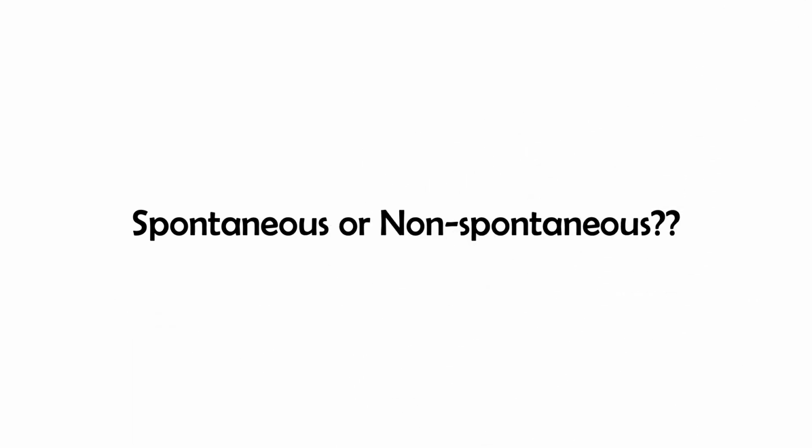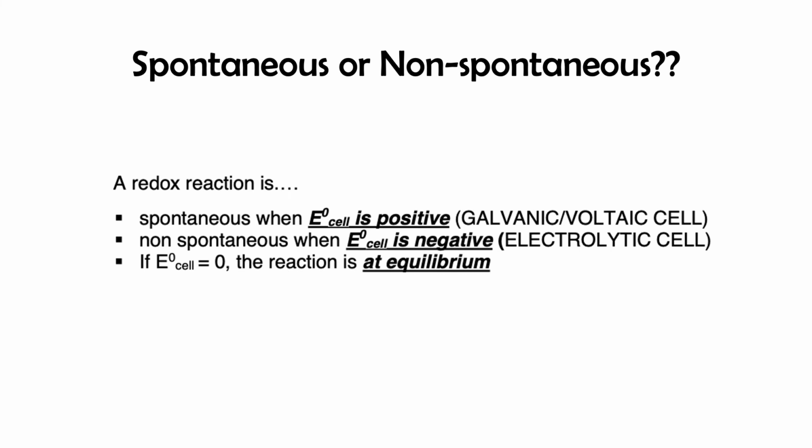Sometimes, the question will ask you whether the reaction is spontaneous or non-spontaneous. So what is the meaning of spontaneous or non-spontaneous reaction? When you calculate the cell potential or standard cell potential, we will say that the reaction is spontaneous when your standard cell potential is positive.